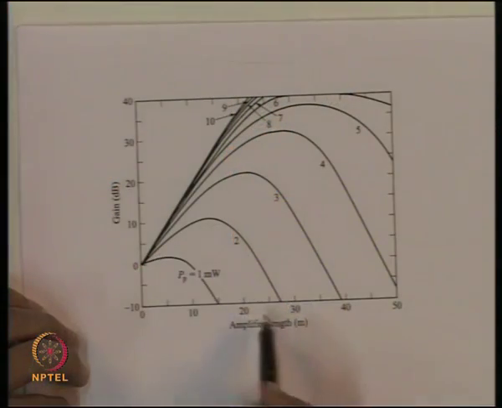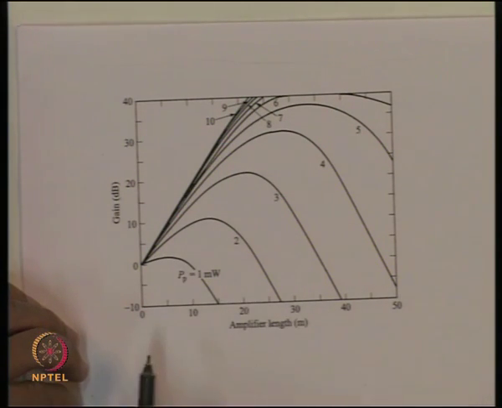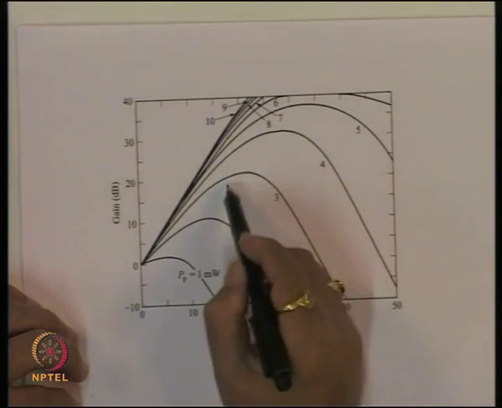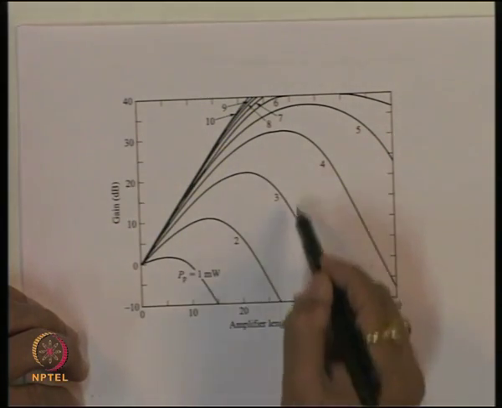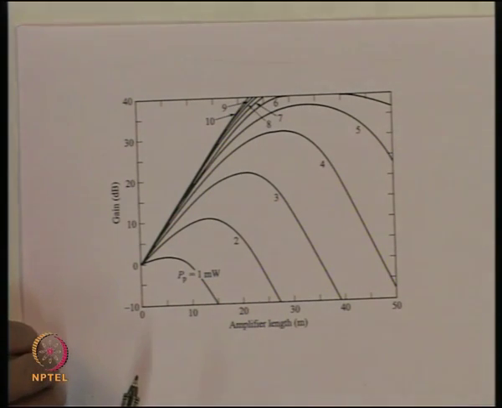If you put the length smaller than that optimum length, again the gain will not be sufficient. So, in fact, we have to choose the appropriate EDF length, the optimum length, which would correspond to the maximum value here. And typically this length would lie in the range of about 20 to 40 meters. So, you see here the maximum is about 30 dB gain, and about 30 meters of amplifier length would give me that gain.